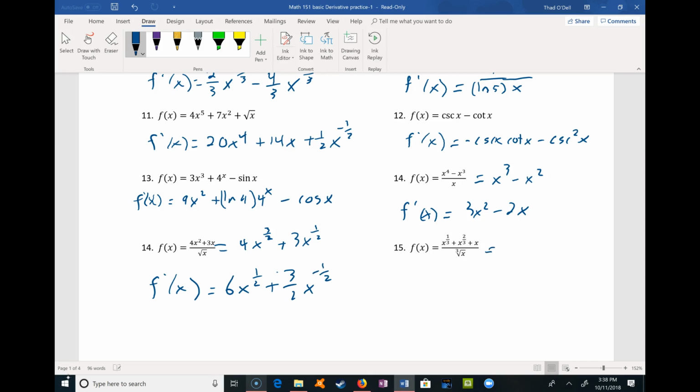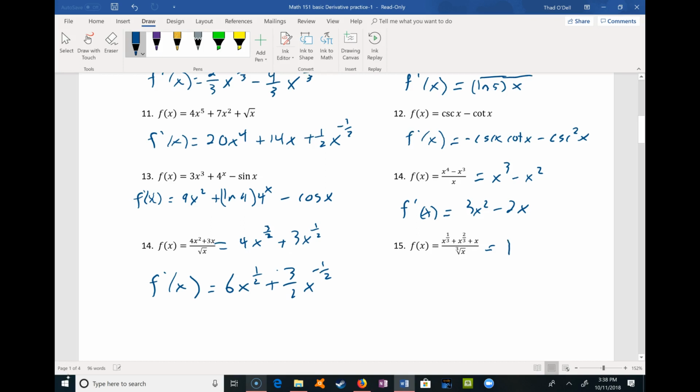And finally, this one I would also divide x to the 1/3 into that, and that would give me 1. And that would be x to the 1/3. And then finally, that would be x to the 2/3. And then I take the derivative of that, of course. And the derivative of 1 is 0. The derivative of that would be 1/3 x to the negative 2/3. And the derivative of that would be 2/3 x to the negative 1/3.